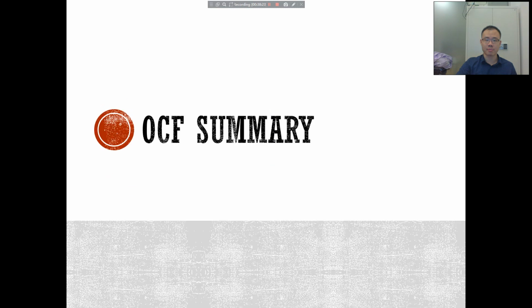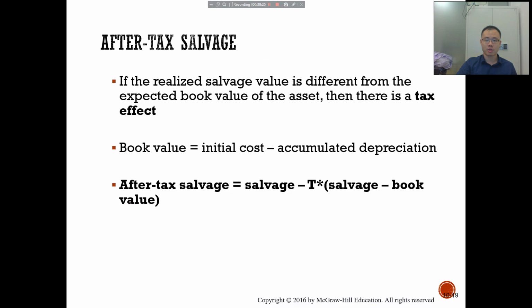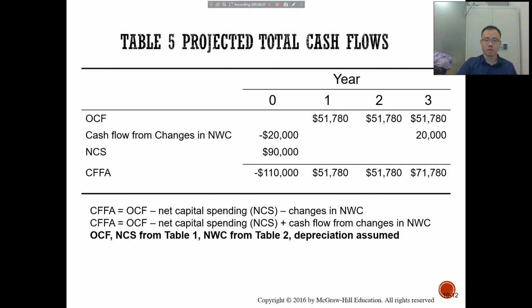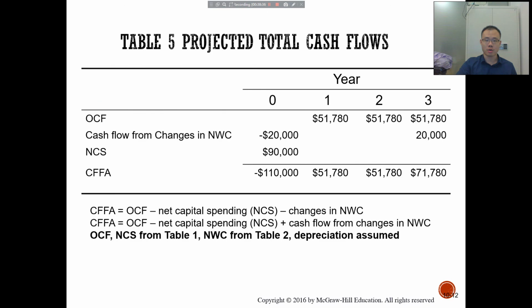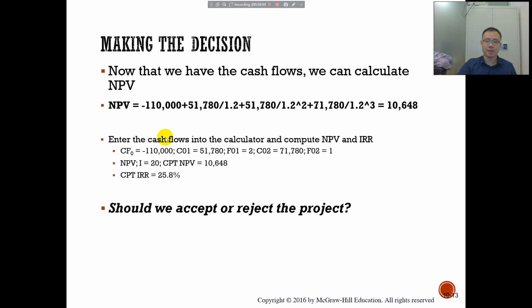And this is the chapter, I think in my schedule it is chapter 10, but maybe different in the textbook. The most important table is this table: how to calculate the CFFA from the operating cash flow, from changes in NWC and NCS, and how to use the CFFA to calculate the NPV.